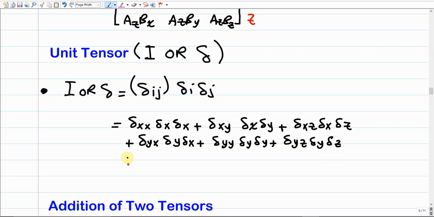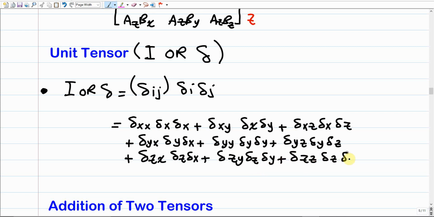How about the third row? For the third row, the first index should be z. The first one has column x, so it is delta z, delta x, plus delta zy, delta z, delta y, plus delta zz, delta z, delta z.